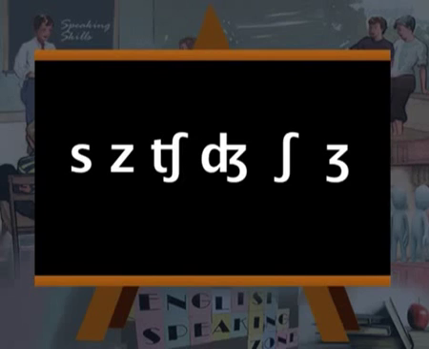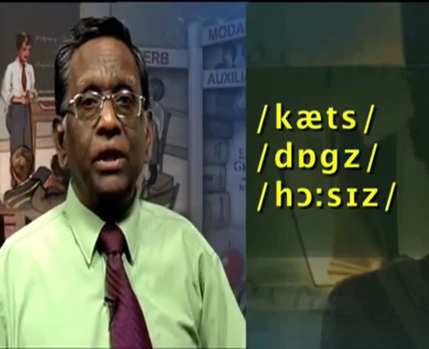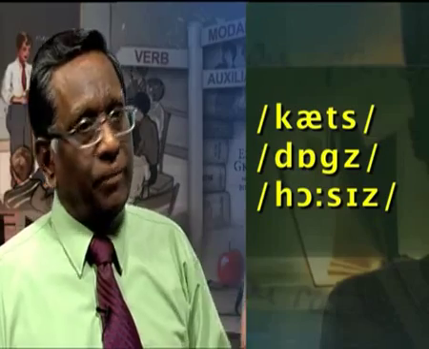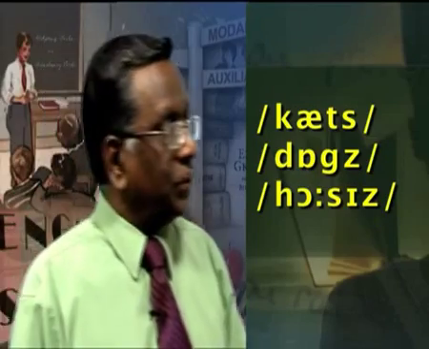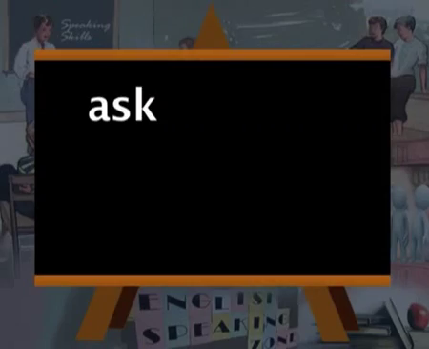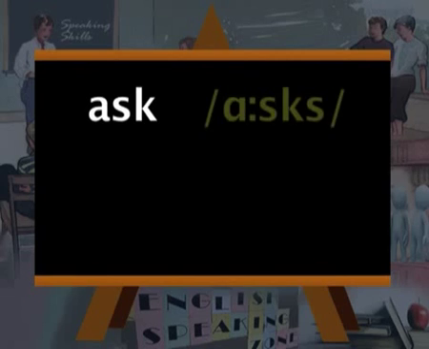The other important thing for us to note about this rule is the same rule applies when we use third person singular verb forms. Many people get confused about this also. For instance, he asks. Ask is the root. When we say asks, it is an s sound. He asks, because k is a voiceless sound, the s also is voiceless.